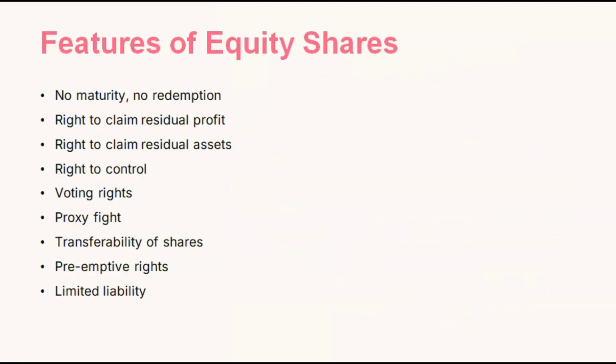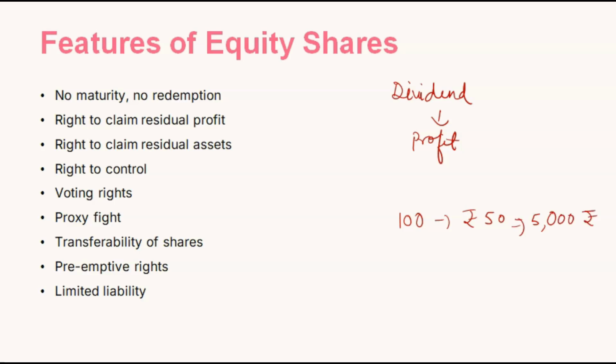Dividend, don't get confused, dividend means profit. Suppose a person has purchased 100 shares in the company, and one share is of rupees 50. So how much investment has he made? 5,000 rupees. He has purchased 100 shares of the company.